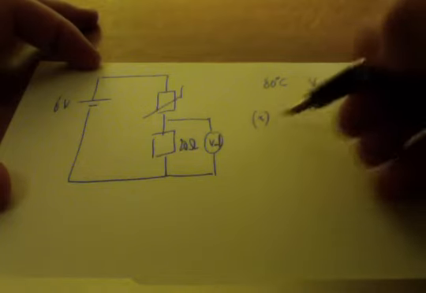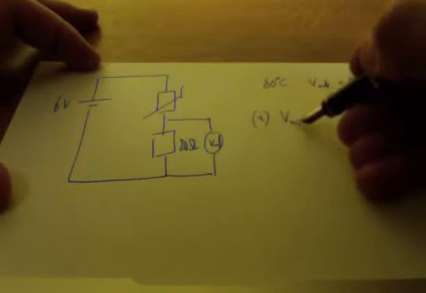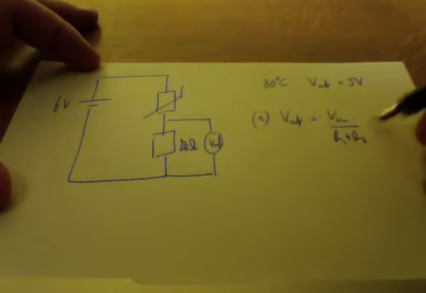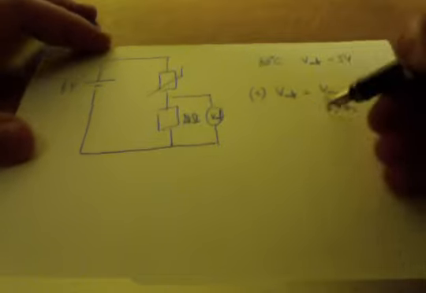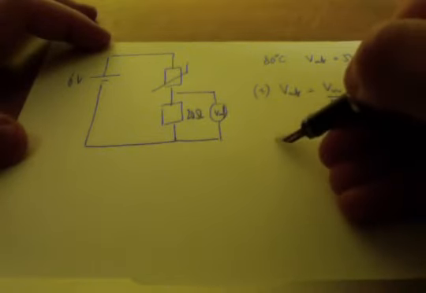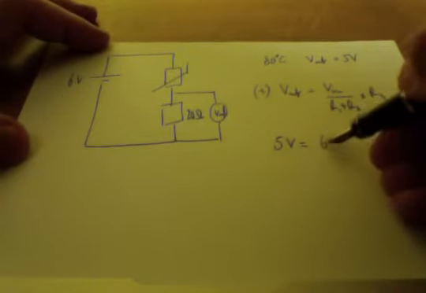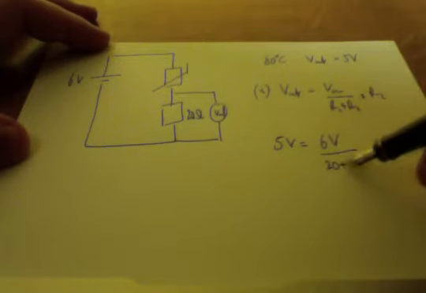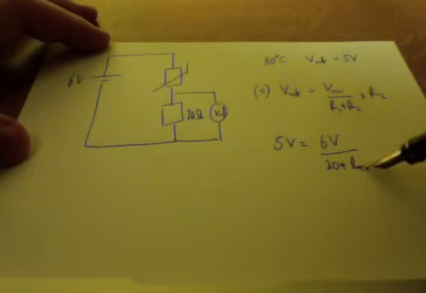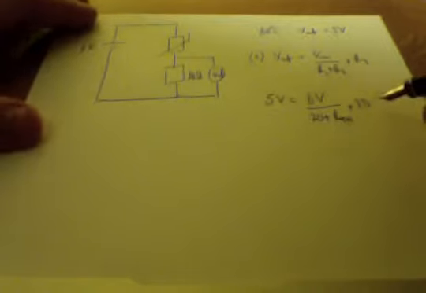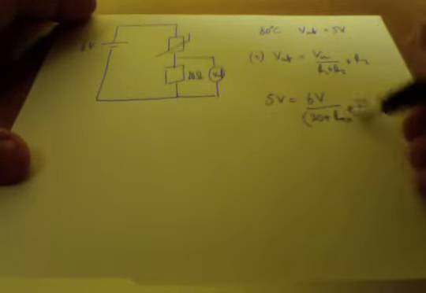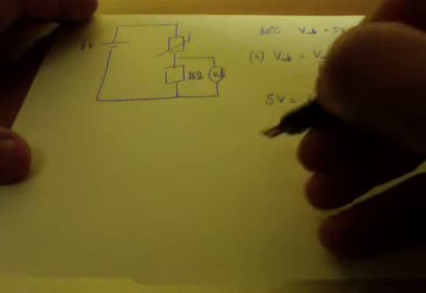Okay then, slightly more complicated. So let's build up this equation again. V out is V in over R1 plus R2 times R2. So we know our V out, which is 5 volts. We know our V in, which is 6 volts, over 20 plus an unknown, and the R2 is 20 there. So now some serious rearranging needs to happen here. I'm going to take all of this, stick it at the top, and bring that back down.